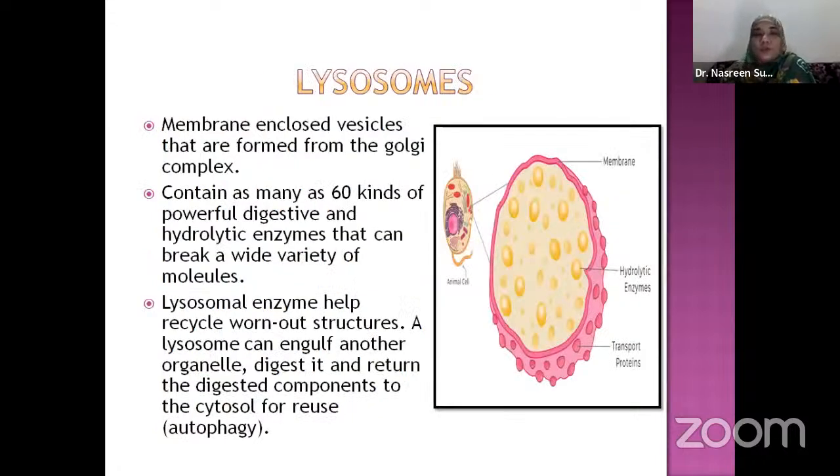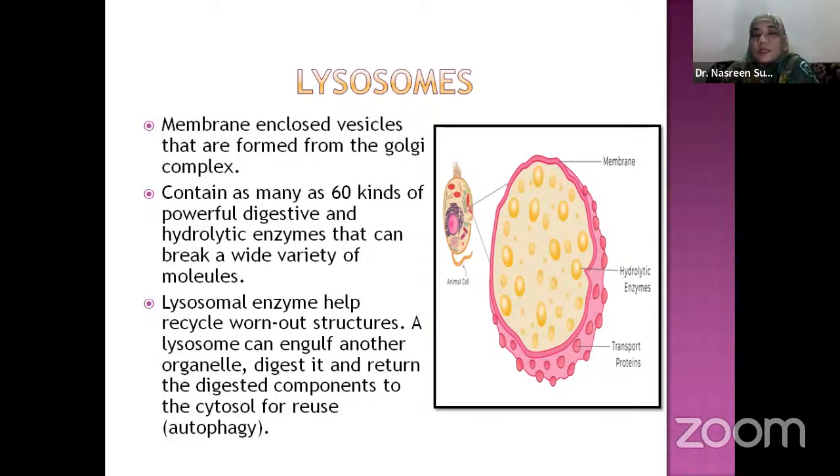Coming to the lysosomes. Lysosomes are membrane-enclosed vesicles, meaning they are surrounded by a membrane, just like a ball. They are formed from the Golgi complex, so whatever packaging is needed is done in the Golgi complex. These lysosomes contain more than 60 kinds of enzymes, which help in digestion and hydrolysis.